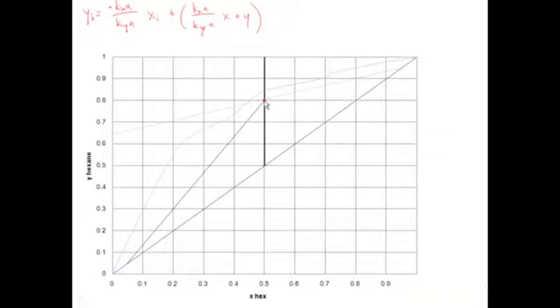So I pick a point on my operating line and I plug in the values for x and y, and then I've got that point. Then I usually just plug in a value of 0 for x, and then I calculate what yi is.